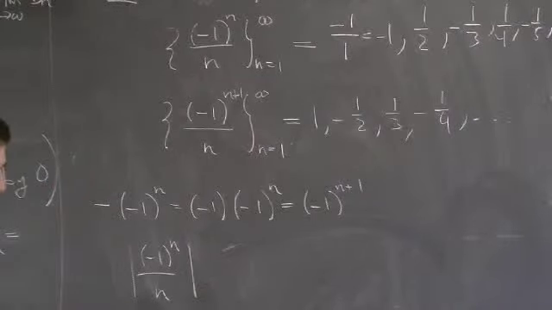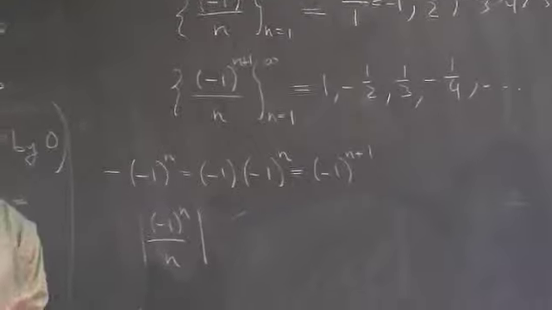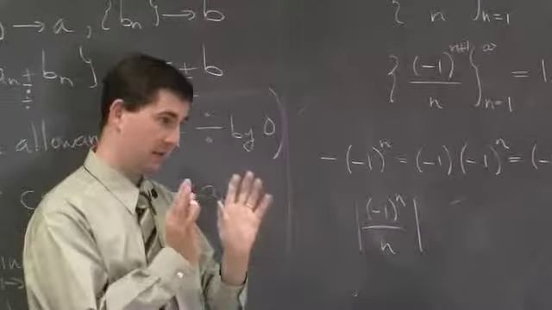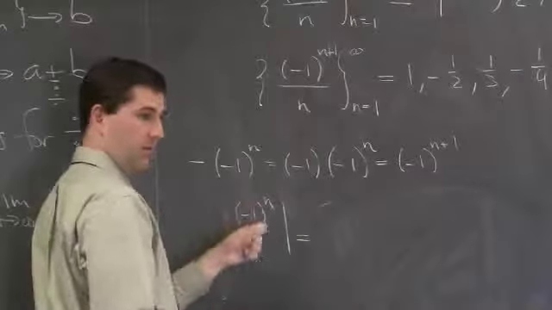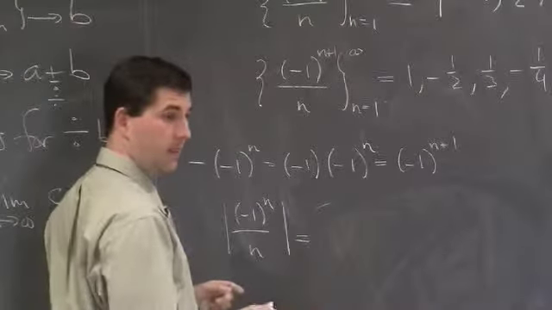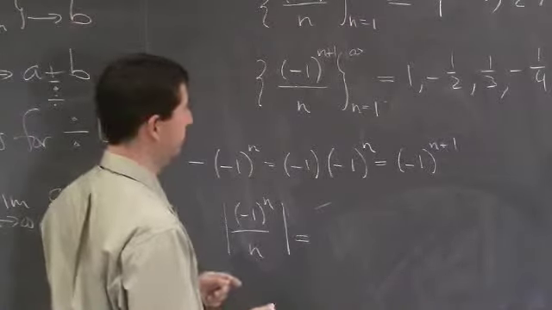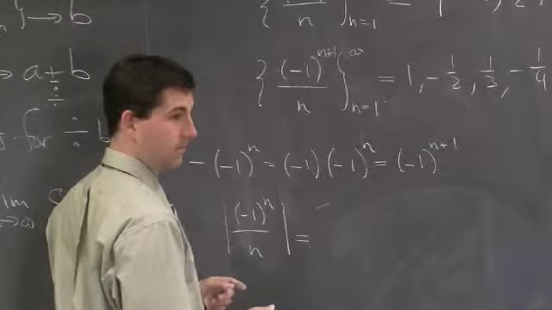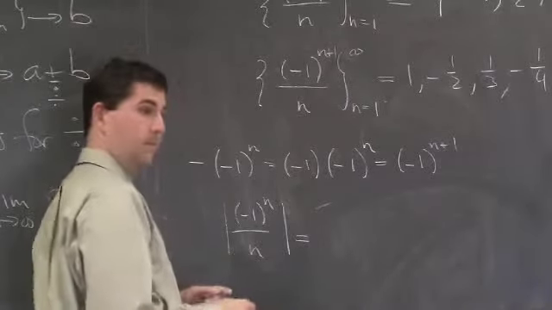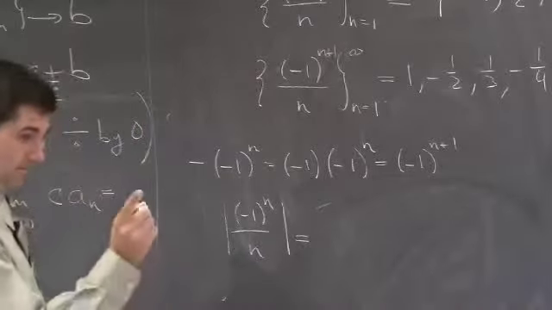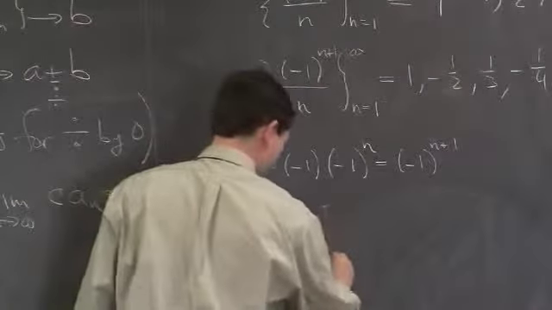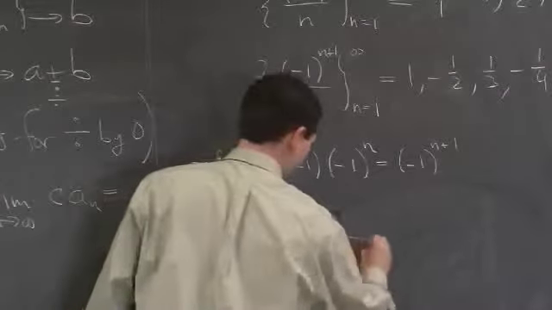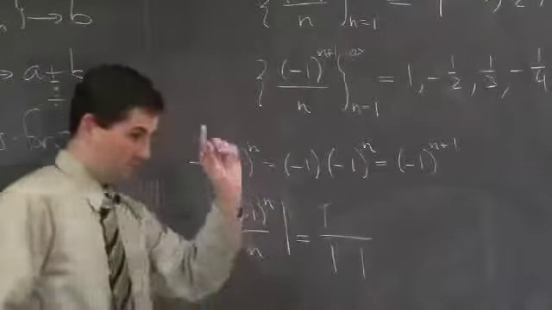of this? Well, the first thing that you have to know is that absolute value behaves very well. It's going to break up over quotients and products. So they're jumping around, right?